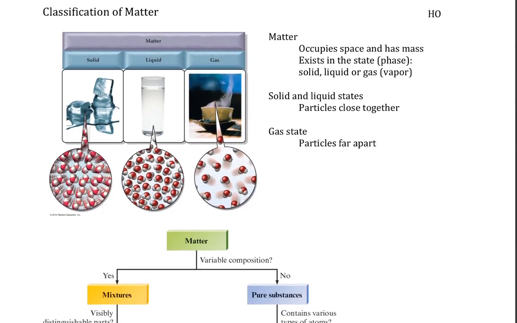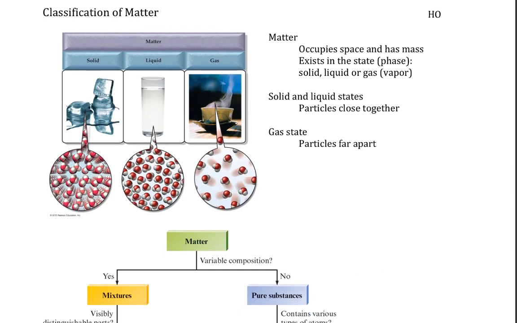Our next section is on classification of matter. So we can classify matter a number of ways. Here's one way: to classify it based on what phase it's in, what state it's in.